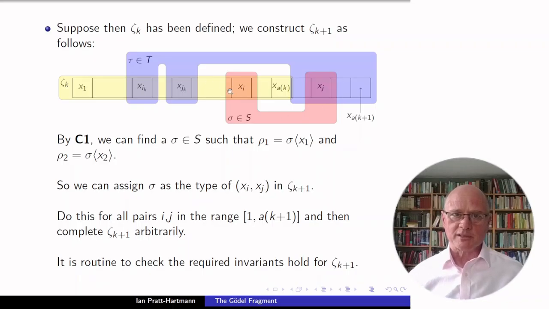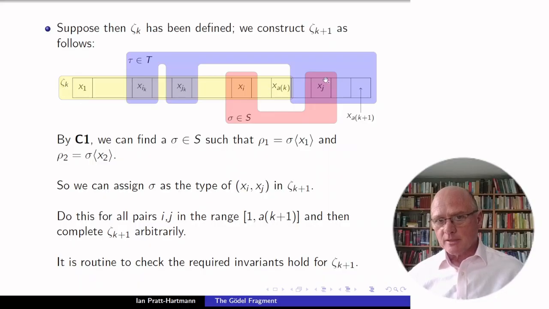What 2-type should we assume for this? Okay, well, this variable here will have a 1-type, and that 1-type, let's call it rho 1, will have to be in the set R, in our certificate R. Why? Because that's one of the invariants we're maintaining on the types zeta k.